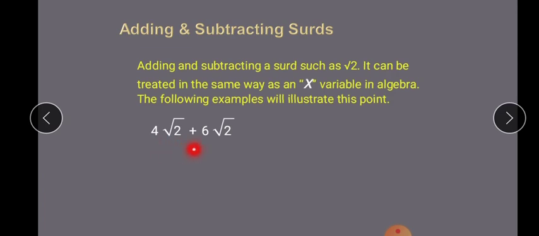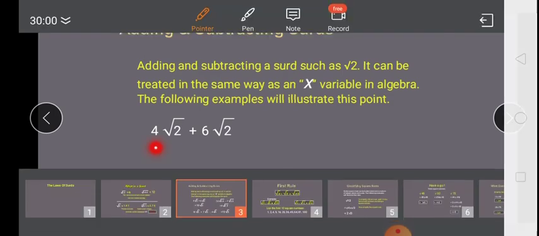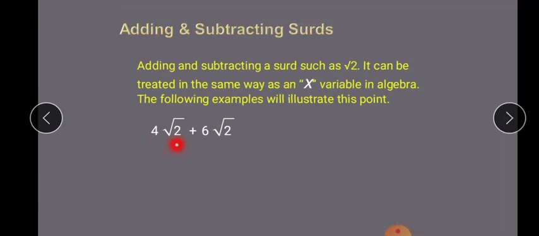4 root 2 plus 6 root 2. Now how to add these two surds? 4 root 2 plus 6 root 2. As we can see here, root 2 and root 2 is common. So let us take root 2 as x. So the first one will become 4 into x. We are assuming root 2 as x.